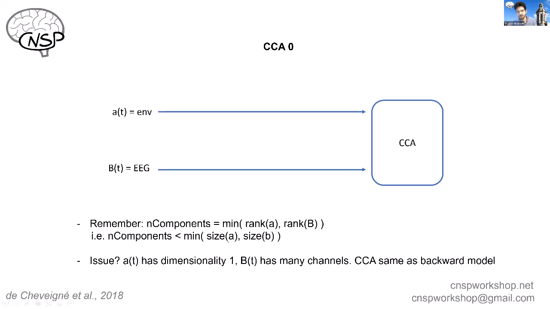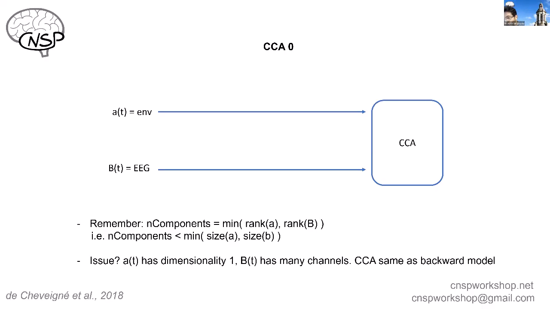So if the EEG has 64 channels and the envelope has just one dimension, you get just one component. If you had a spectrum with 2 dimensions, you'd get 2 components; with 16 dimensions, 16 components. So you get the smaller of the 64 and whatever dimension you have in the stimulus.